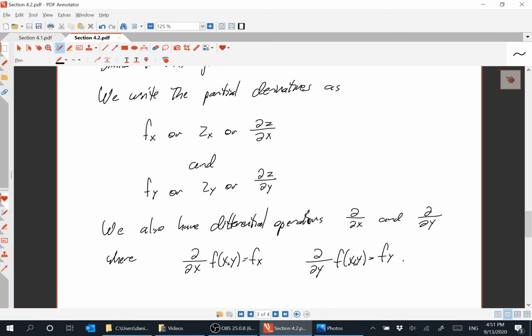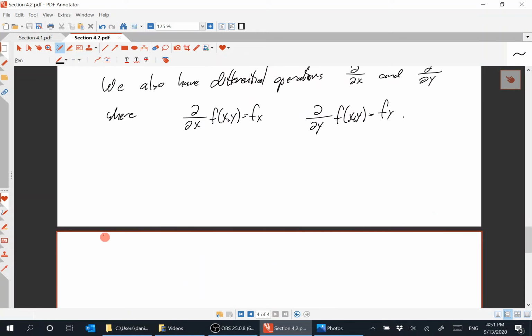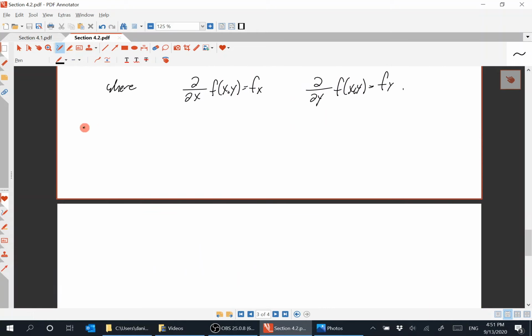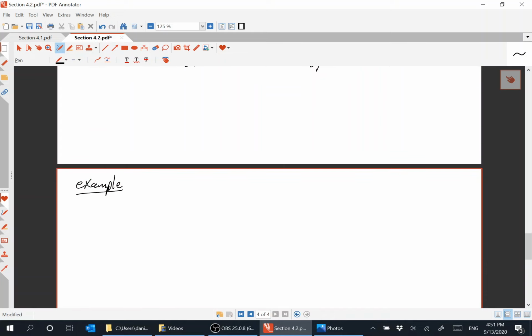So for example, if I had, so let's do a 3-variable function.